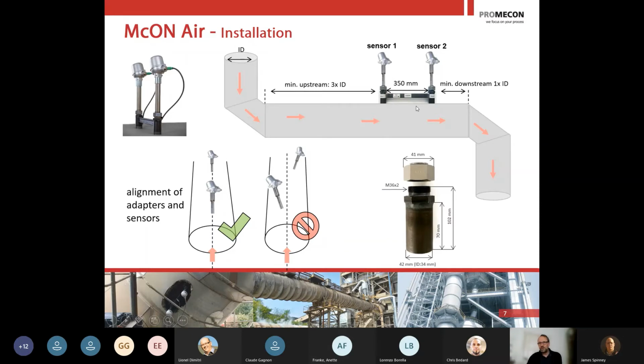They are mounted in these brackets, in these mounting adapters, which are connected with a beam.